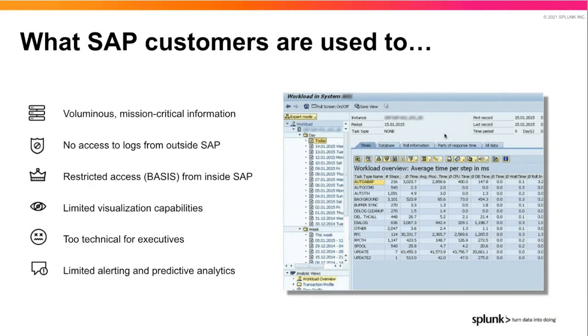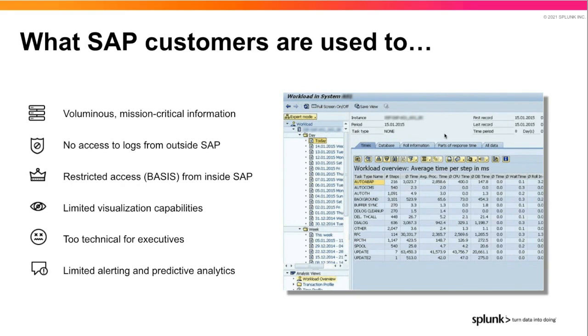So what are SAP customers used to? They're used to tools which were built many years ago, like Solution Manager, and they will still use Solution Manager for the management of their environment. They're also used to other siloed tools which just show them the world in SAP, but not surrounding systems or the underlying infrastructure.